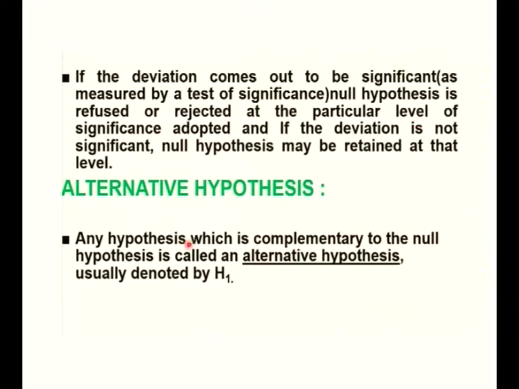Okay. So, whenever we set up a positive part, there is also a negative part that is called alternative hypothesis. That is another part of the hypothesis concerned. Any hypothesis which is complementary to the null hypothesis is called an alternative hypothesis, usually denoted by H1. Just recall, we have set up the null hypothesis as no difference between the sample statistic and hypothetical parameter value.